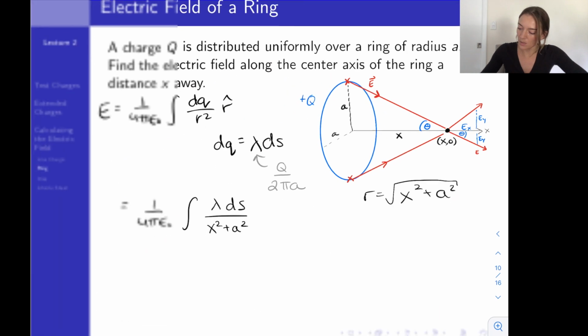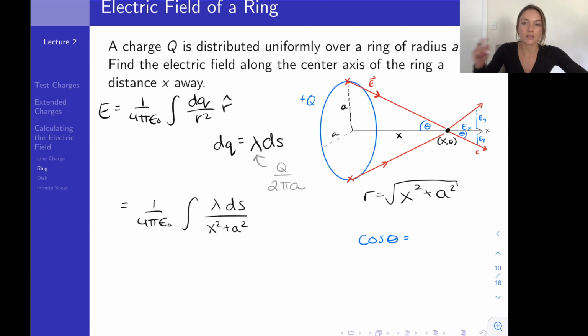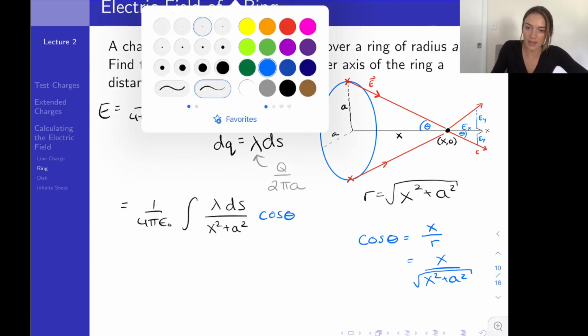For any point we choose along the ring, cosine theta is the adjacent, x, divided by the hypotenuse, which is this distance r. So x over r, and we know r is the square root of x squared plus a squared. So if I want to pluck out the x component with cosine, I can just replace cosine theta with this.